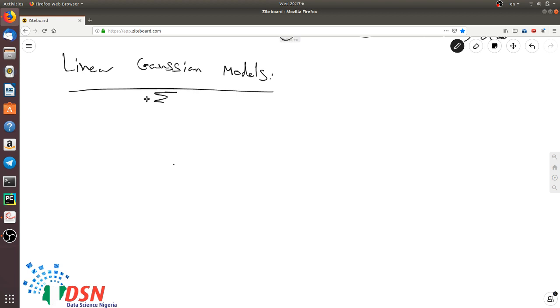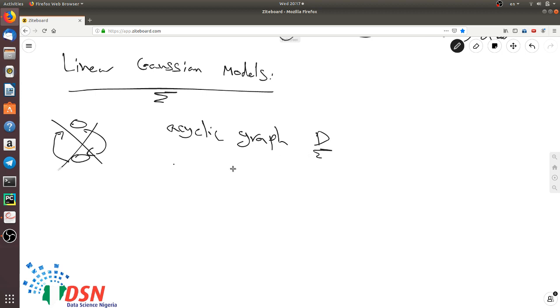Consider an arbitrary directed acyclic graph. If you remember, in Bayesian networks we don't have any cycle, so we don't have something like this. So consider an acyclic graph, meaning the graph does not have any cycle, over d random variables.